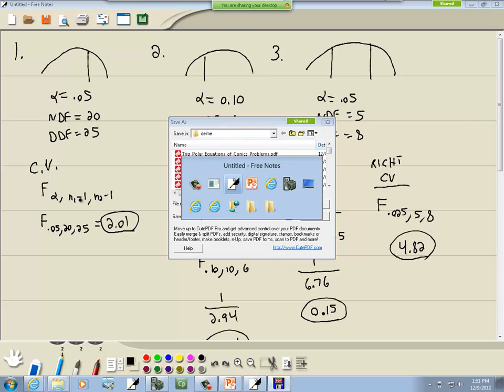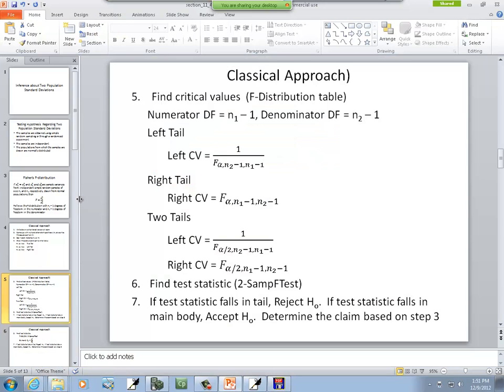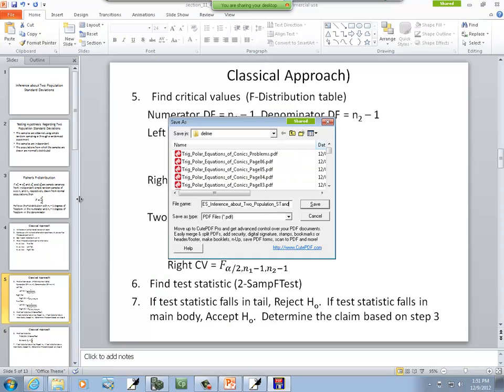Two population standard deviations. There we go.